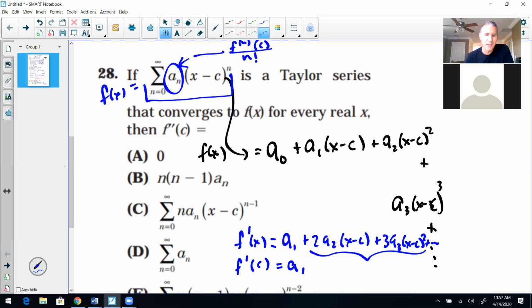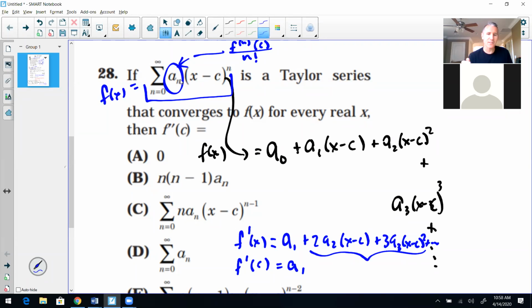That's what they're telling us. You go back to what I did when I was first teaching this. That's what the Taylor series gives us, is that there is a pattern for those coefficients. And that pattern is the nth derivative of f evaluated at c over n factorial. So that's what we have going on there.